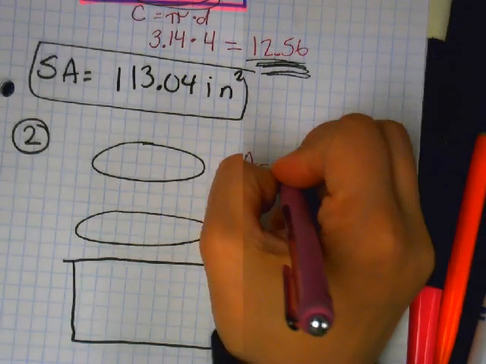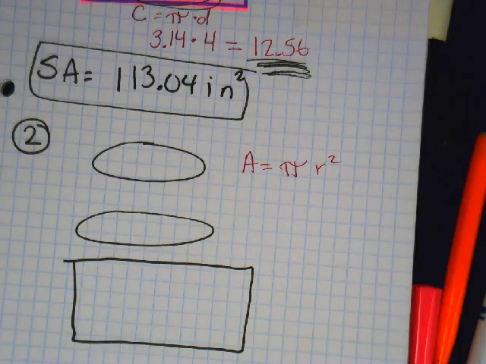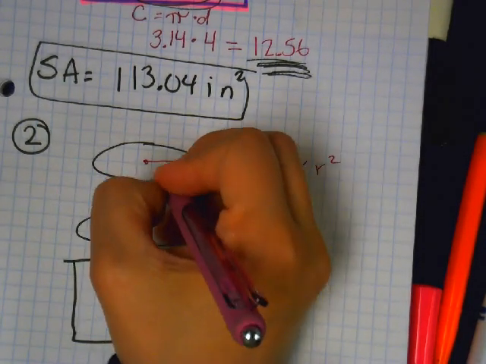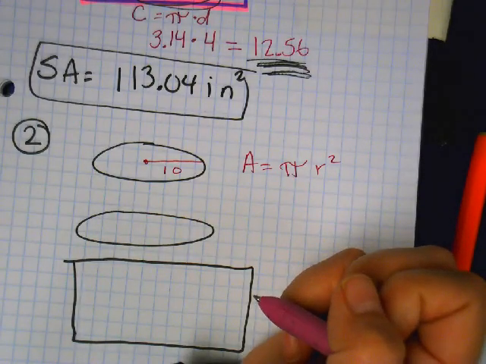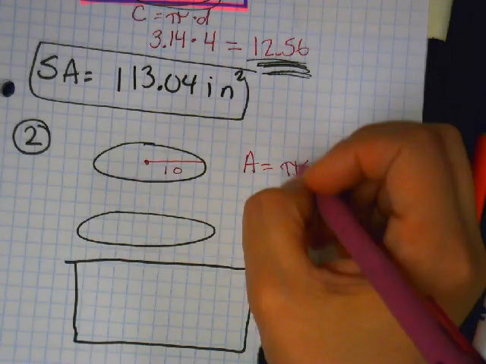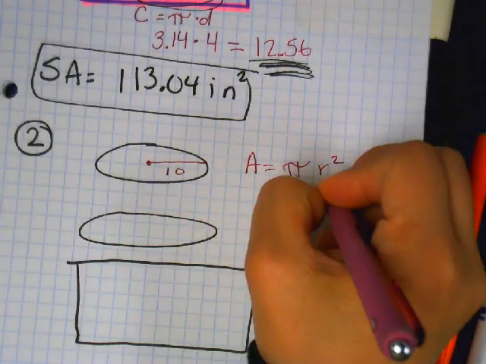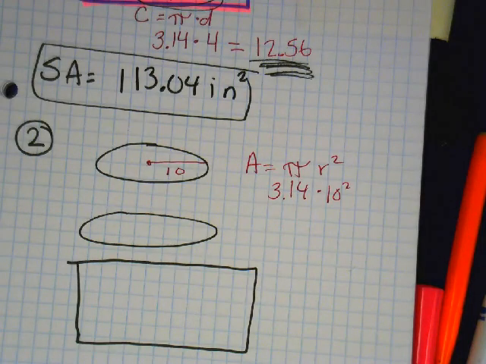Area equals pi r squared. Okay, what is the radius of the circle? 10. So 3.14 times 10 squared. This should be easy for us.